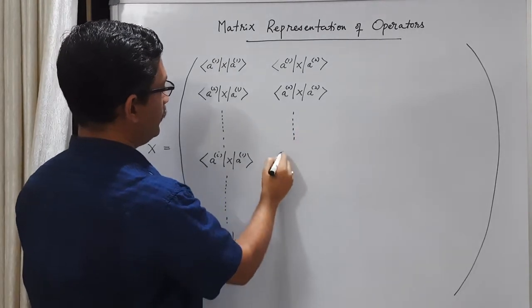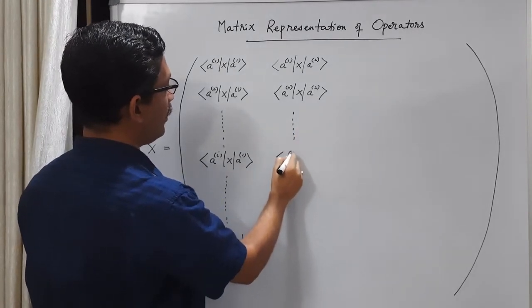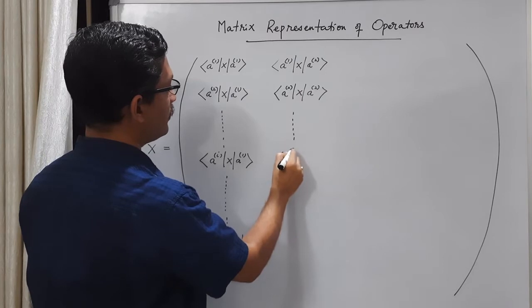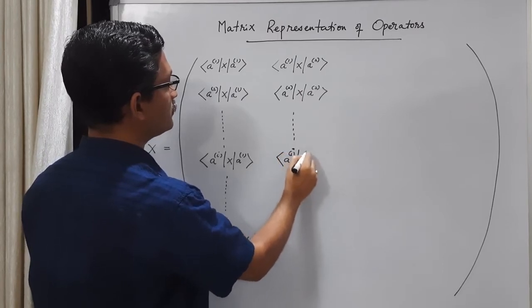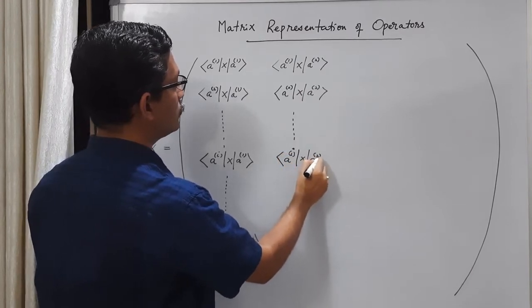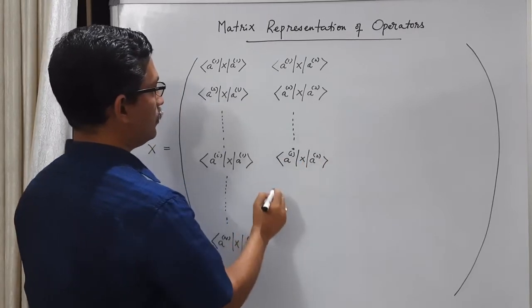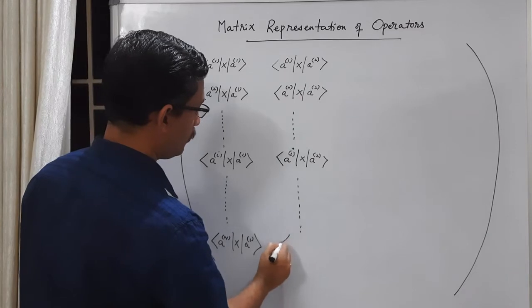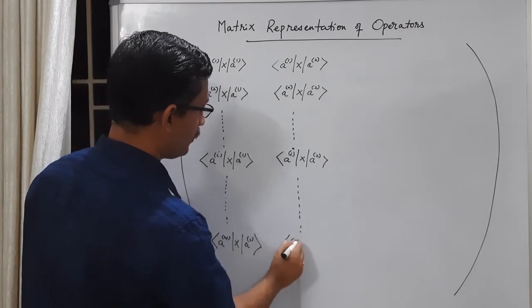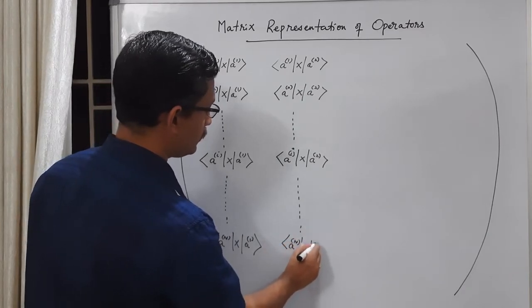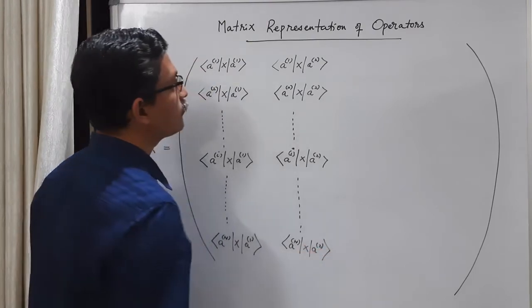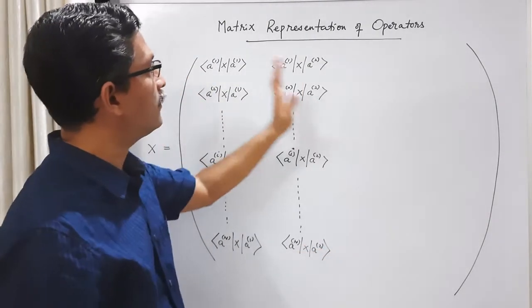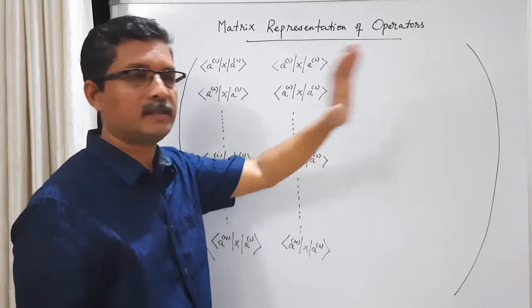In the ith row we have ⟨ai|x|a2⟩, etc. In the nth row, ⟨an|x|a2⟩. So this can go on. We can go to the third column, fourth column, etc.